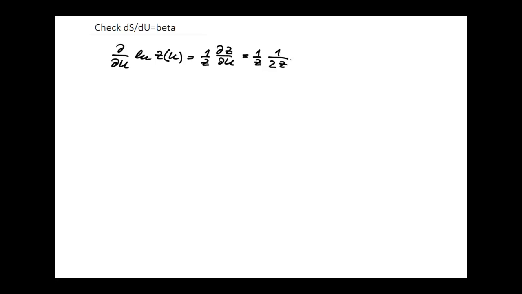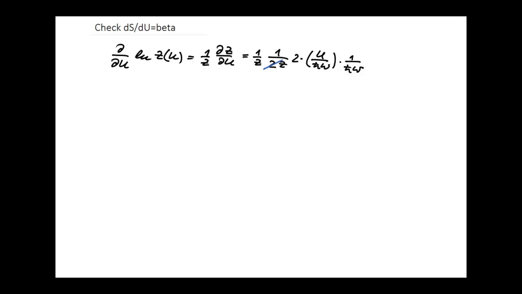The derivative of that is 2 times u over h bar omega, and finally the derivative of that with respect to u is 1 over h bar omega.